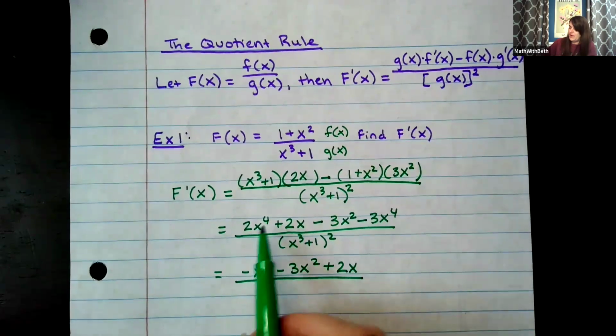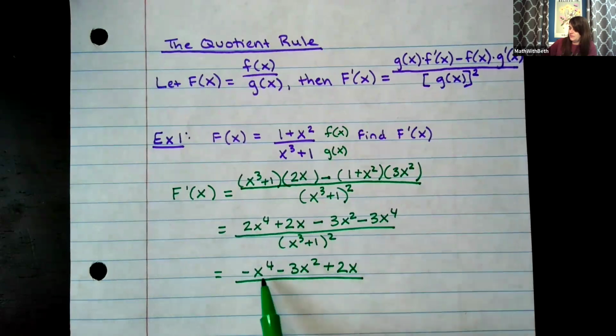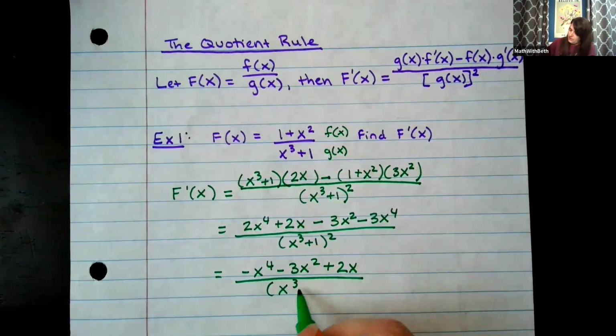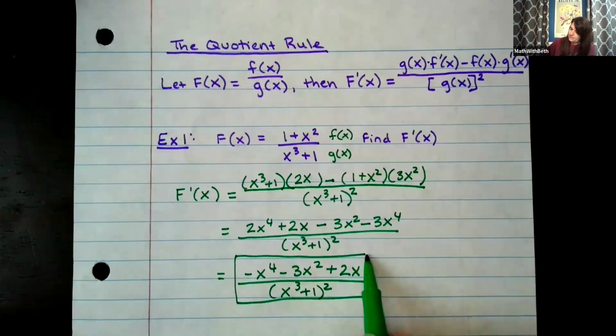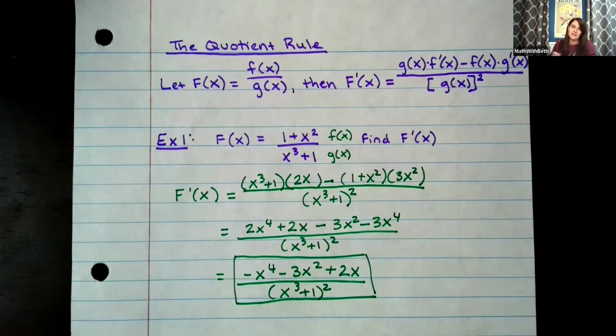All I did was I combined the two things that had x to the fourth, and then I just put it in order all over this. So that is how you use the quotient rule.